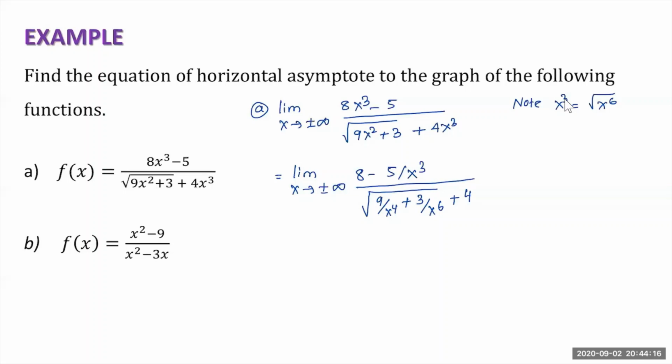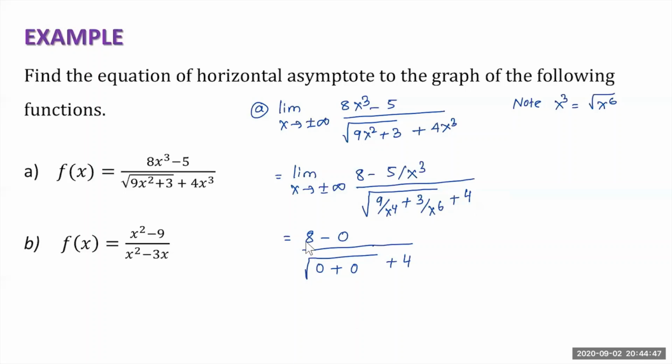Now when x goes to positive or negative infinity, you can clearly see this will be 0, this one will be 0, and this one will also be 0. Let me write here, it will be 8 minus 5 over x cubed, that is 0, divided by the square root of 0 plus 0, plus outside the square root, it's 4.